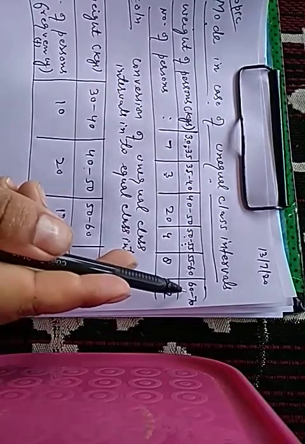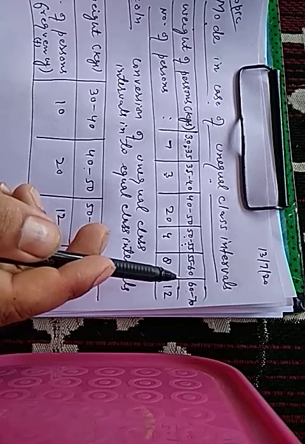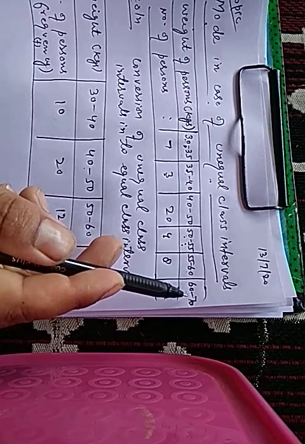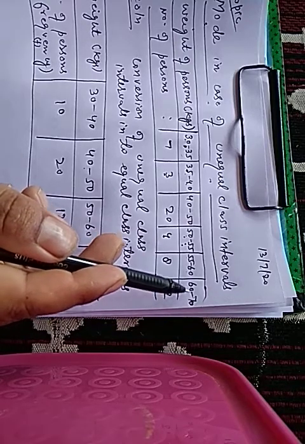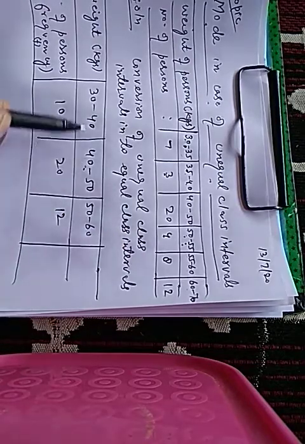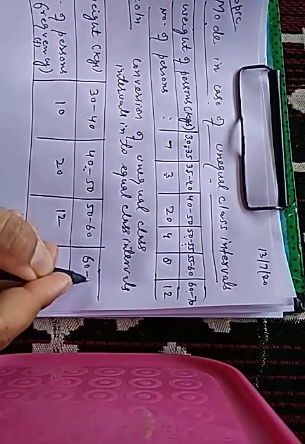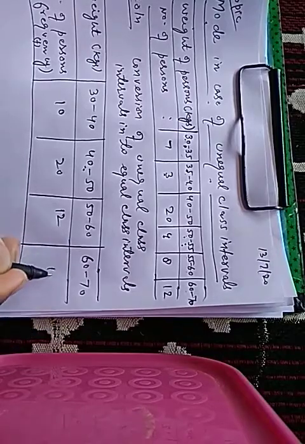And the last class interval, 60 to 70, the difference between lower limit and upper limit is equal to 10, which is the same as in these class intervals. Therefore, it will be written the same, 60 to 70, and its frequency is equal to 12. Now we have converted this unequal class interval into equal class interval. Now this is the statistical data having equal class intervals.